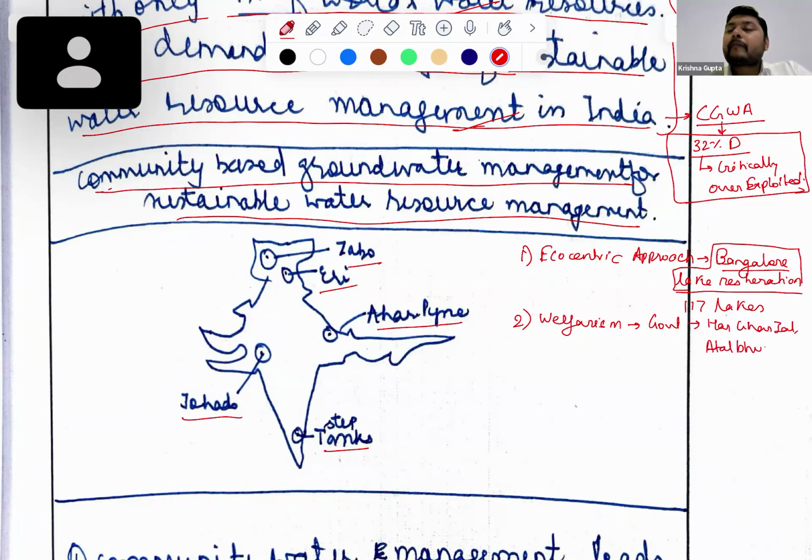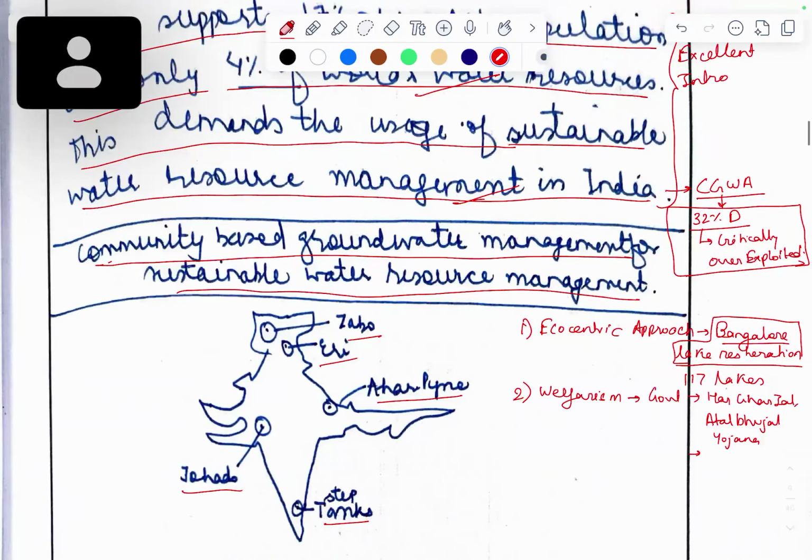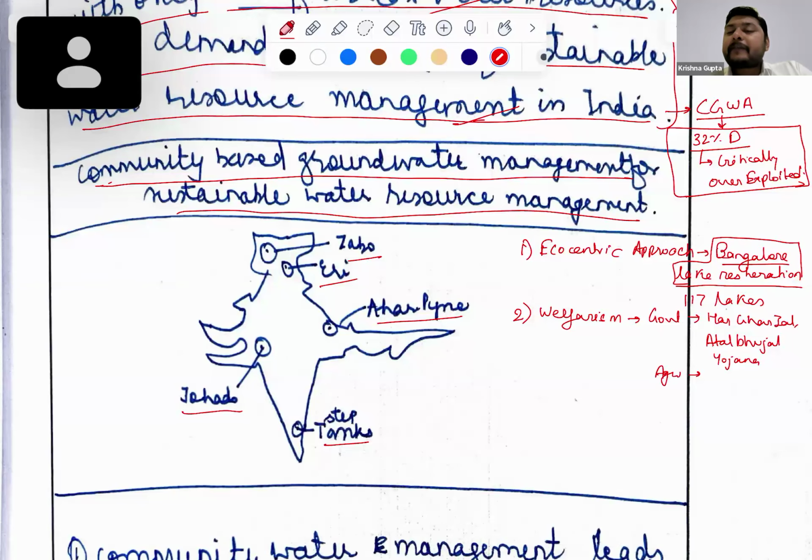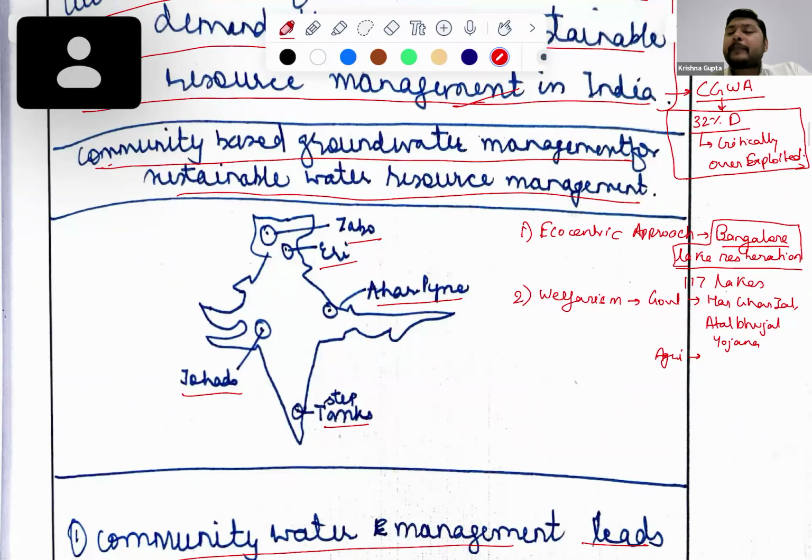Then we can also write Har Ghar Jal. Then apart from this, if we look from the agricultural perspective, that is drip irrigation. So this is part of welfareism.